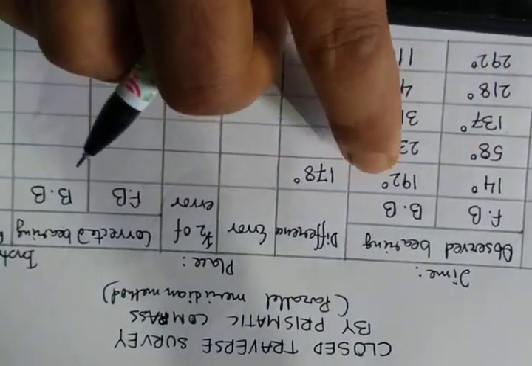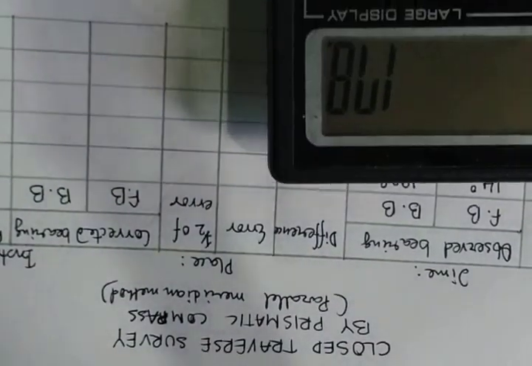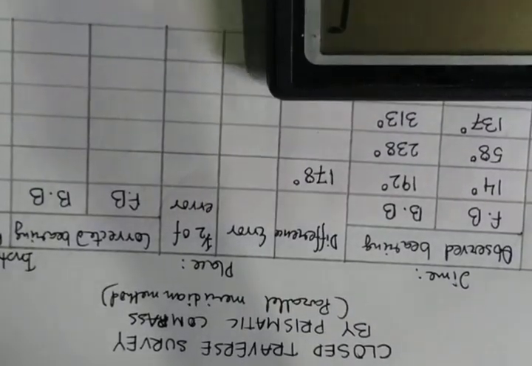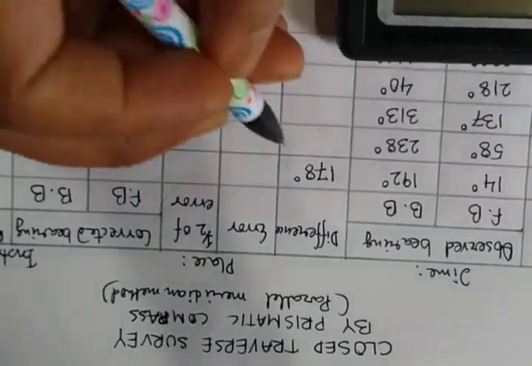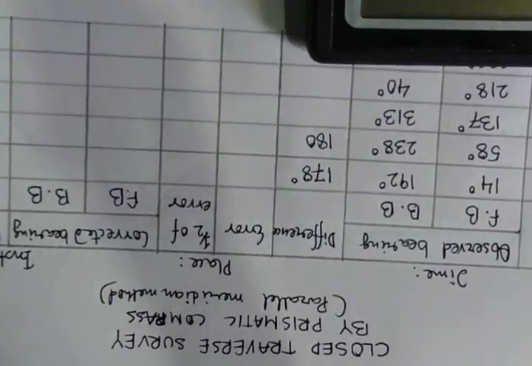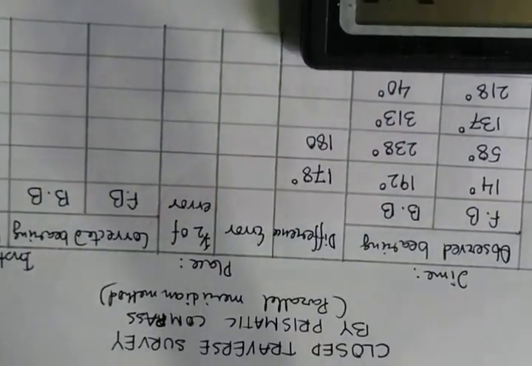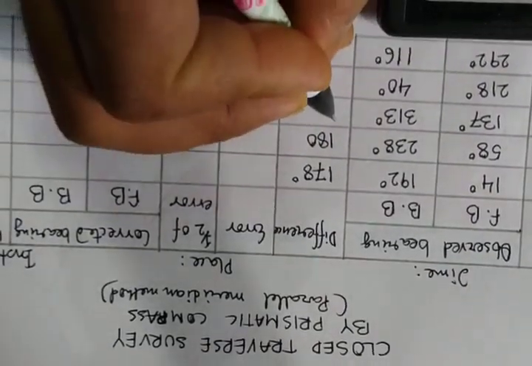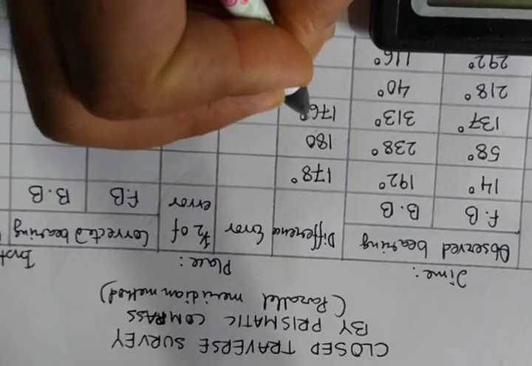In this way, 238 minus 58 equals 180 degree. In the same way, 313 minus 137 equals 176 degree.